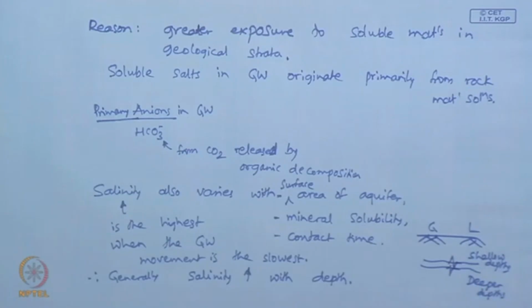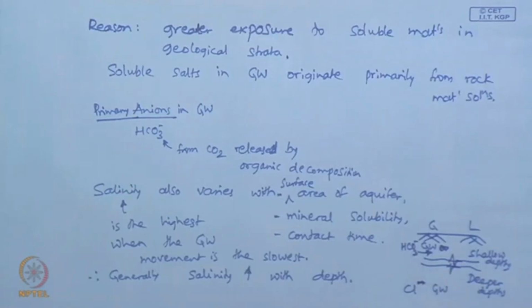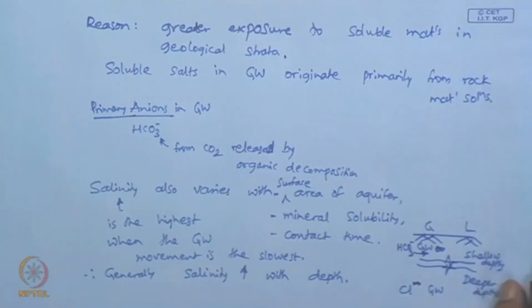At the shallow depths, there will be bicarbonate salinity, or HCO3 waters, and at the deepest depths, this is a chloride groundwater. In between, the remaining salts will be.